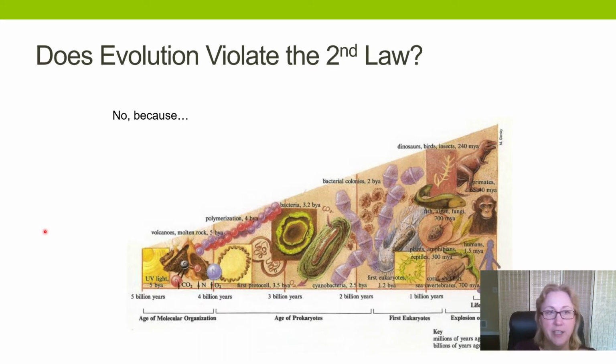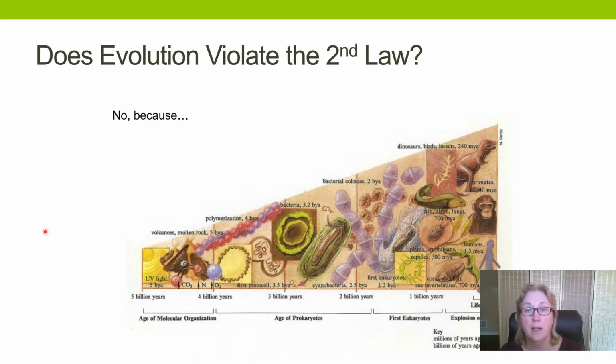Something that we often hear from creationists is that life on Earth violates the second law of thermodynamics, which states that in a closed system, entropy always increases because things just tend to become disorderly naturally. If you want to lower the entropy, you have to add energy.